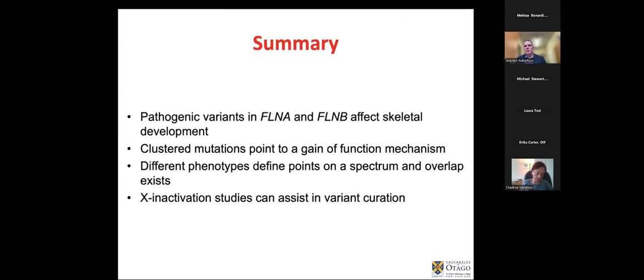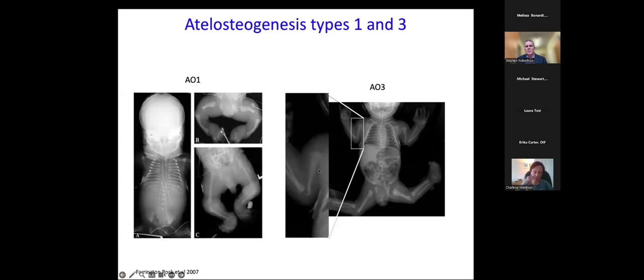The milder condition, Osteogenesis type 3, is characterized by this drumstick humerus typically, and probably represents just a bridging phenotype between Larsen syndrome with its characteristic joint dislocations and the Osteogenesis phenotype, which more profoundly affects long bone ossification in the limbs.